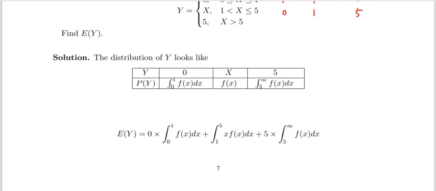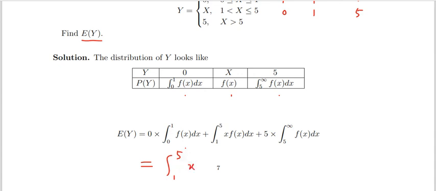This part is discrete, and here it's continuous, right? So the question is to find the expected y. This equals 0 times this probability, plus, for the continuous situation, x times fx from 1 to 5, plus 5 times this probability.